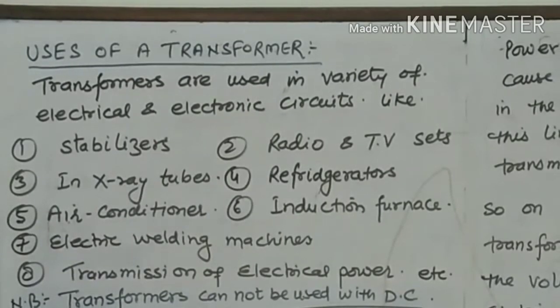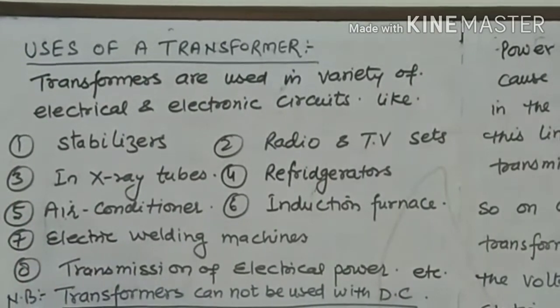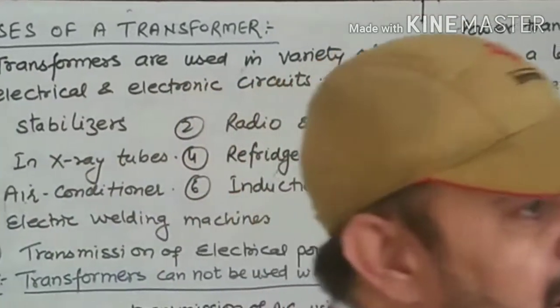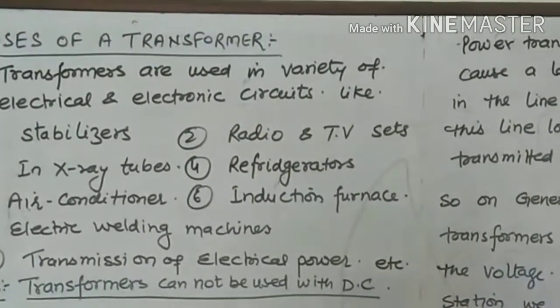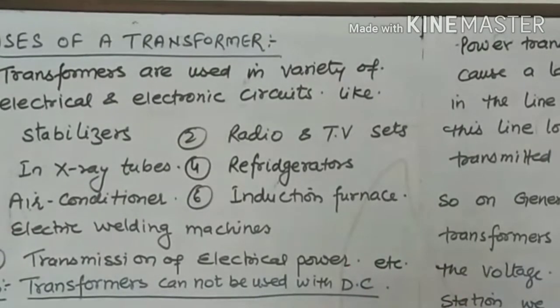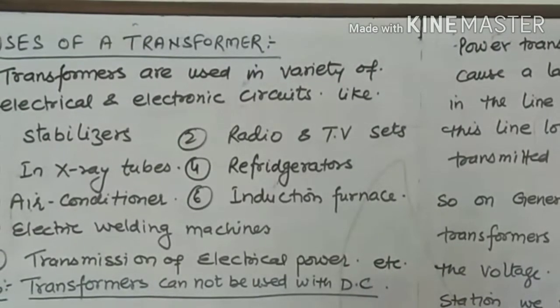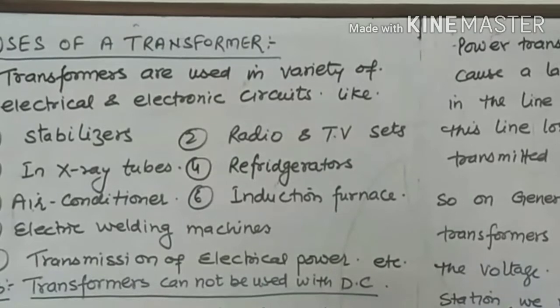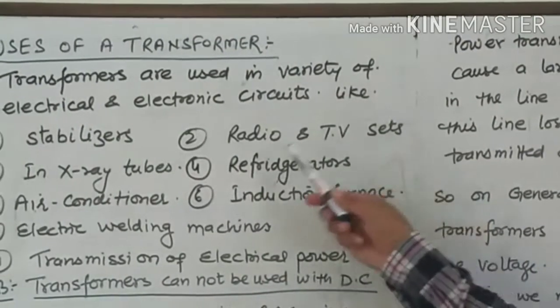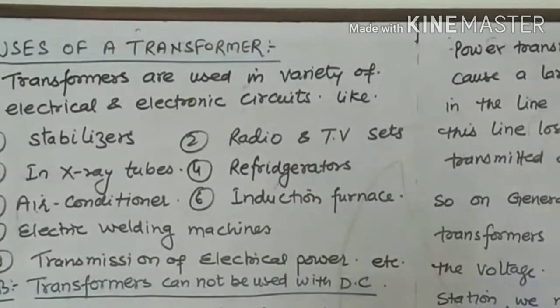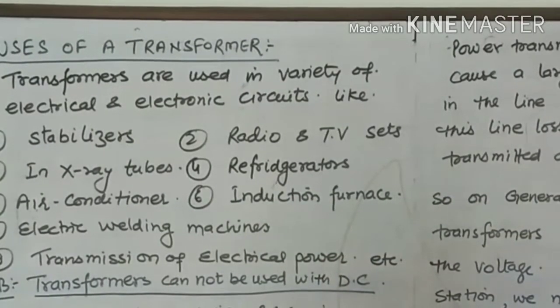Radio and TV sets. In X-ray tubes, in the production of high energy electrons or X-rays, transformers are used. In refrigerators, transformers are used. In air conditioners also, transformers are used. And in all these devices I am telling, these are shell type transformers.